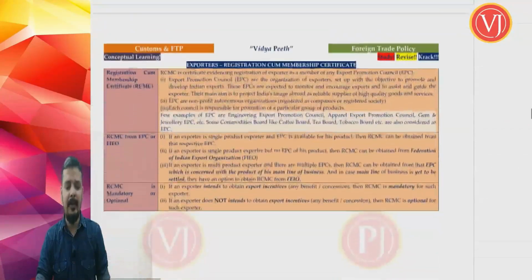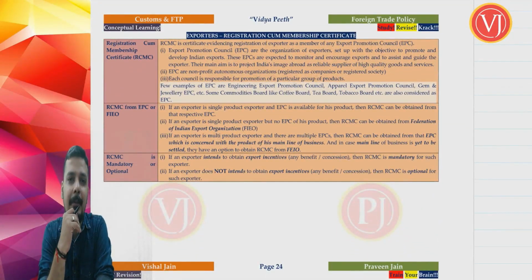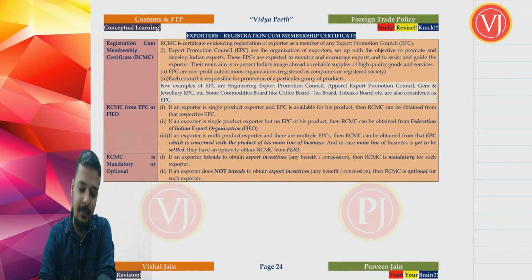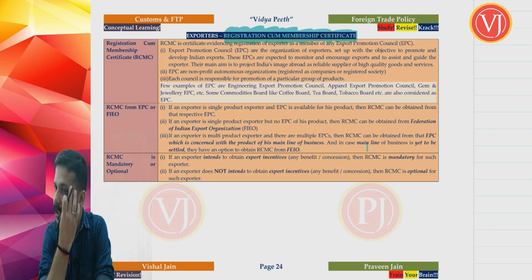Now friends, the next concept that you have to understand, we are talking about registration cum membership certificate, RCMC. Registration cum membership certificate, which is given by your export promotion councils. Now friends, this registration cum membership certificate is required if at all you want to enjoy the benefits of your foreign trade policy.